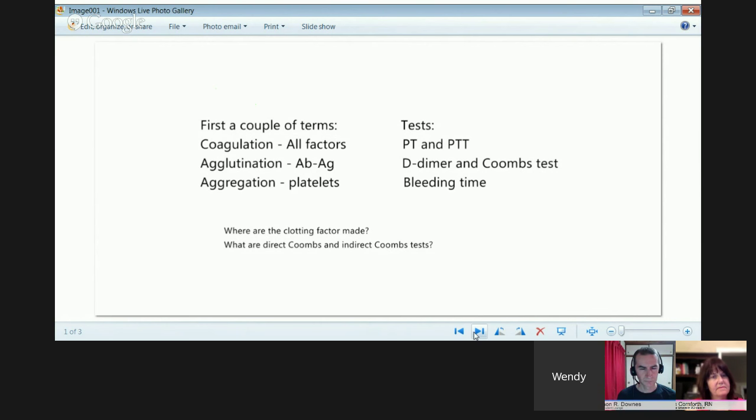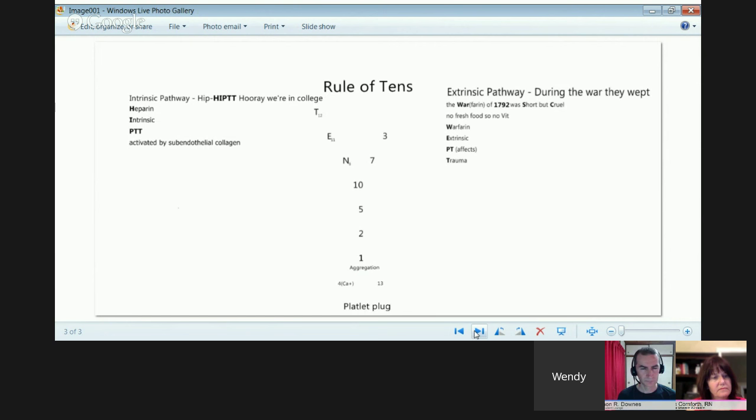Alright. And then I want to start with our coagulation. I learned our clotting factors by the rule of tens. It is now currently an outdated model because we don't have a factor 3. Well, it's still there, but we realize that it's not real.